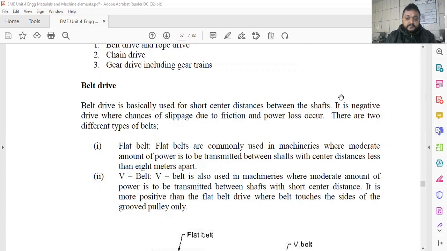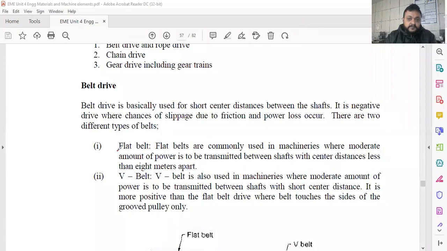The external surface of the pulley and the bottom surface of the belt are in contact with each other, and due to the tightness, the pulley transmits the motion from one pulley to another, i.e. driving pulley to driven pulley. But here there is a chance of the belt slipping over the pulley, so it is generally considered a negative drive, and some friction losses are always there.